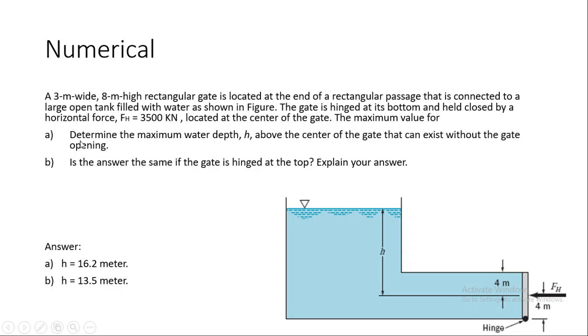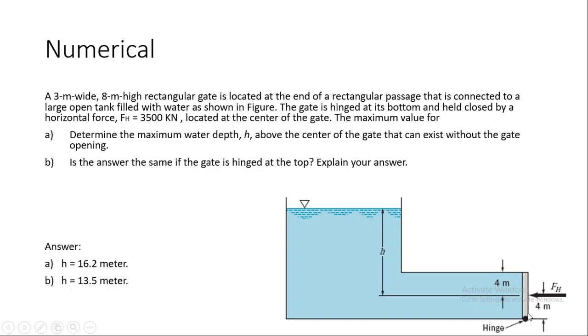What we need to determine is the maximum water depth H. The value of H needs to be determined above the centroid of the gate that can exist without the gate opening. Is the answer the same if the gate is hanging at the top? Explain your answer.